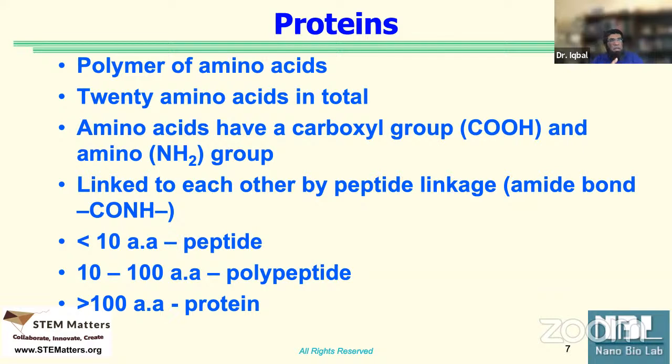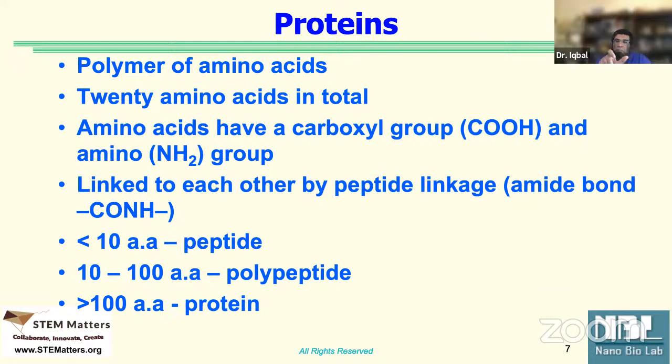At a more fundamental level, an amino acid has a carboxyl group and an amino group in its structure, and they're then linked with what we call a peptide linkage, which is an amide bond, CONH, a mixture of COOH and NH group.